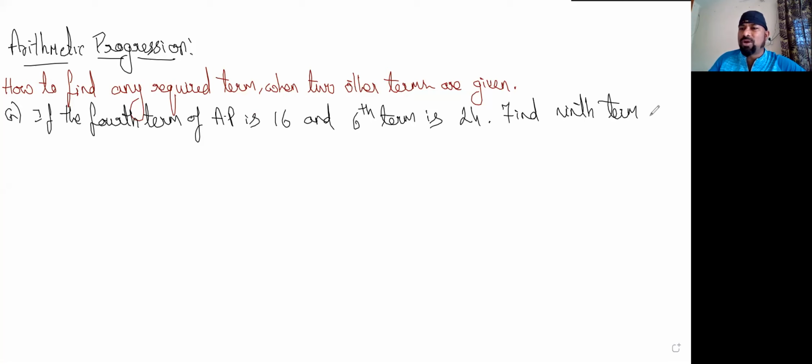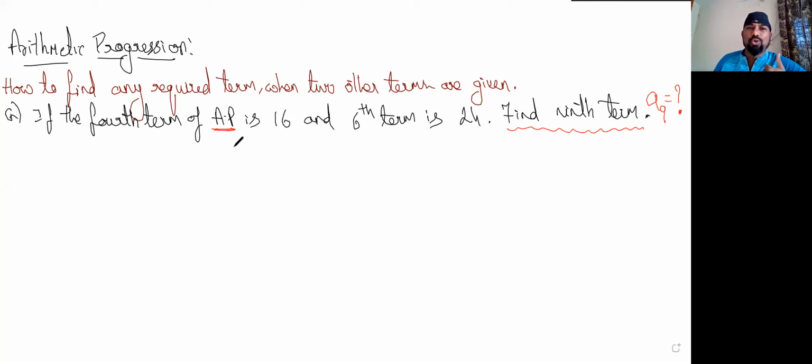This is the question we are having. The series we are talking about is nothing but an AP, arithmetic progression. What is he asking us to find? He is asking us to find the ninth term.